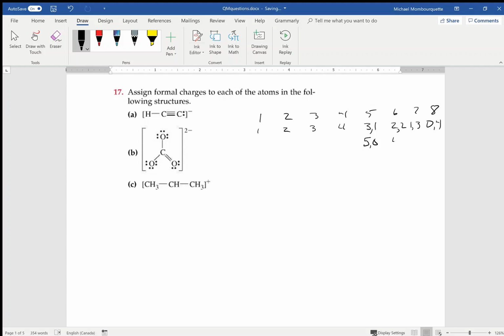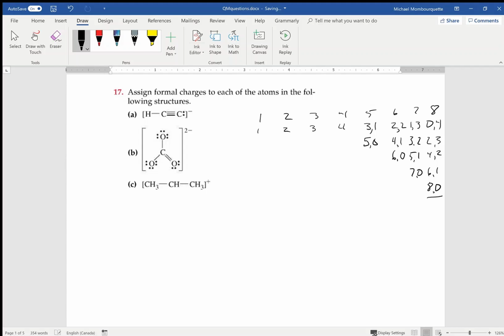I can make 4 bonds or 6 bonds here, split up the lone pairs once and then a second time. Same thing here, so 1, 3, 5, 7, 3, 2, 1, 0 is my valence states. 0, 2, 4, 6, 8, 4, 3, 2, 1, and finally 0.